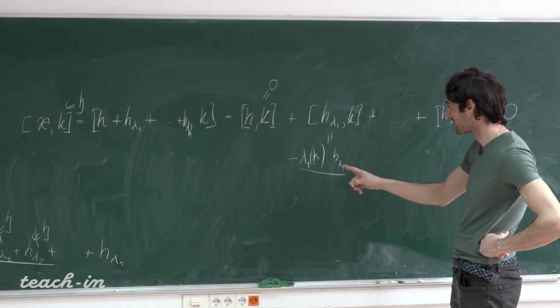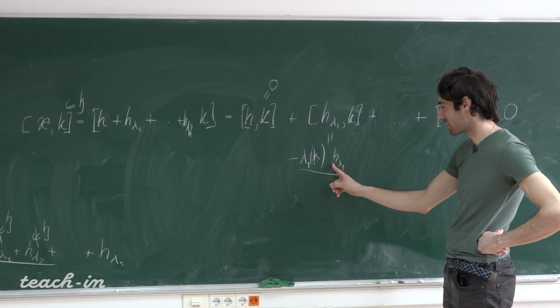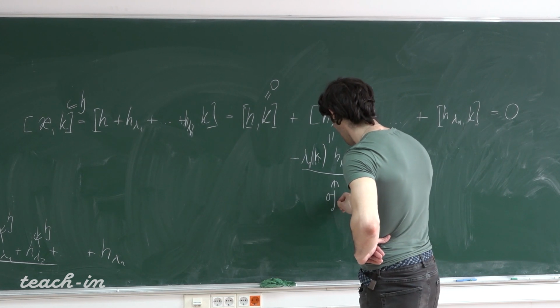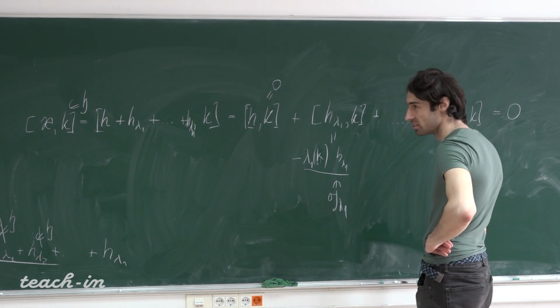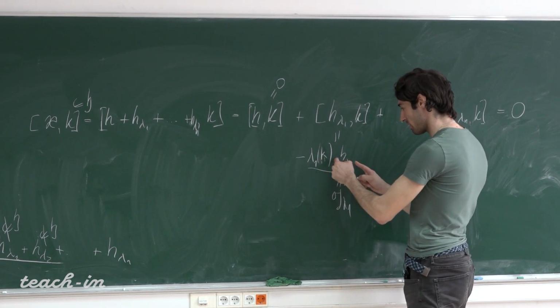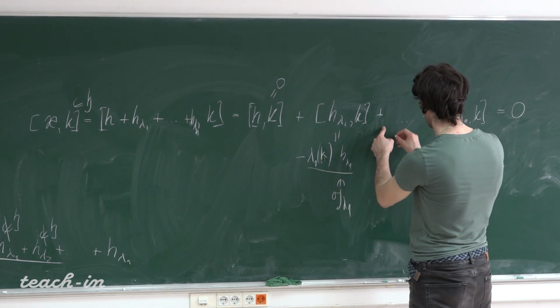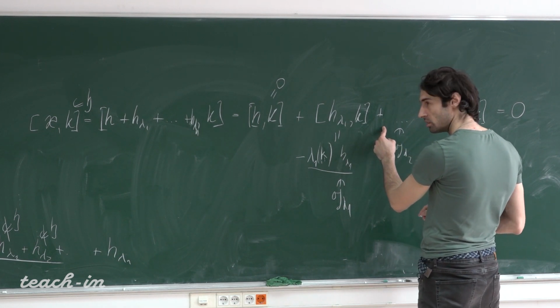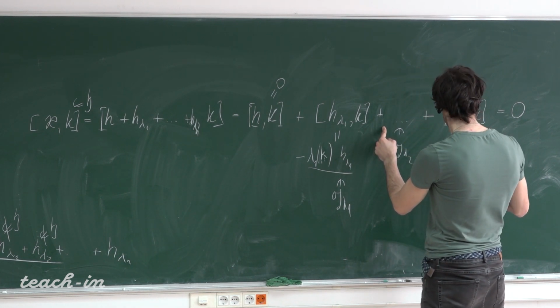What's important is that it is inside g lambda 1 again, because it's just a multiple of this element. So this commutator is inside g lambda 1, the next one is inside g lambda 2, and this one is in g lambda n.